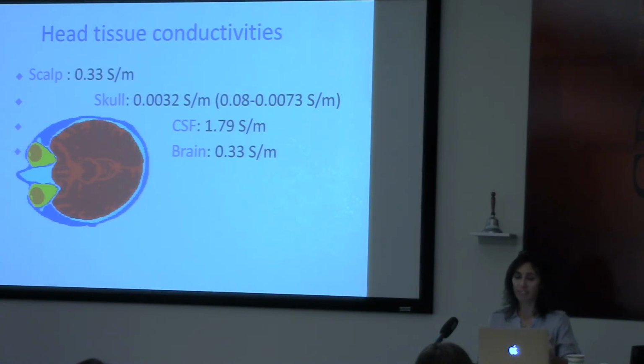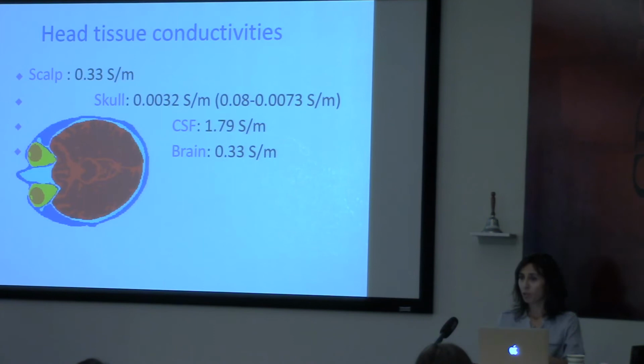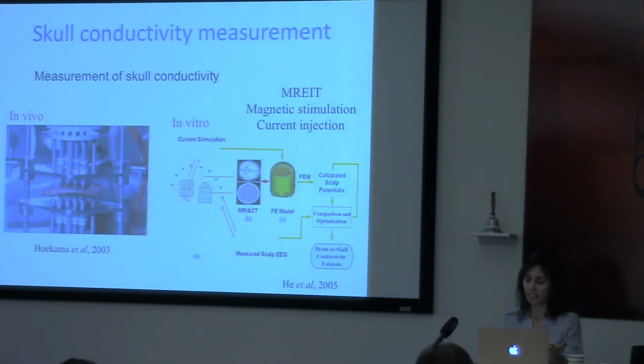Young children have very conductive skulls. It's not formed yet. They have fontanelles and sutures, but as we age, the skull gets more calcified and the conductivity drops a lot. And there are many individual differences in skull conductivity.